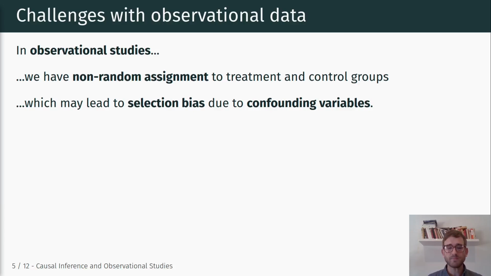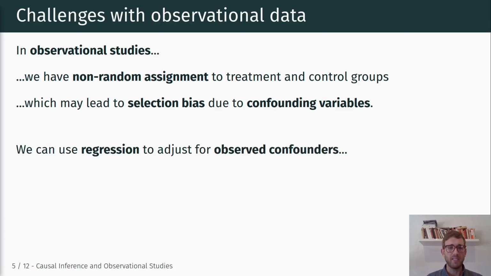The good thing is there is one potential way around this: if we observe all of these confounding variables, all the variables that affect both whether an observation ends up in the treatment or control group and the potential outcomes.